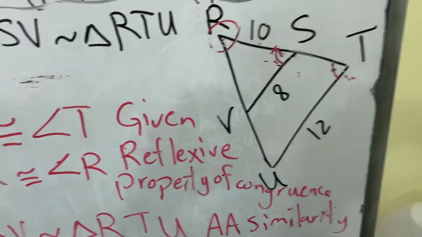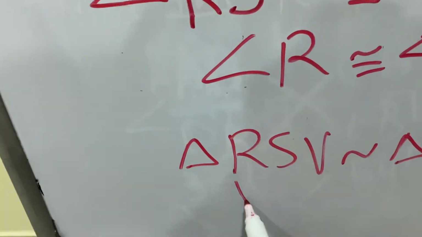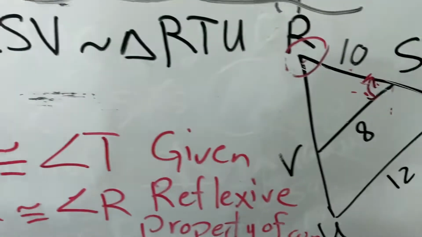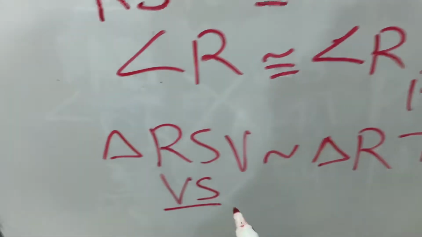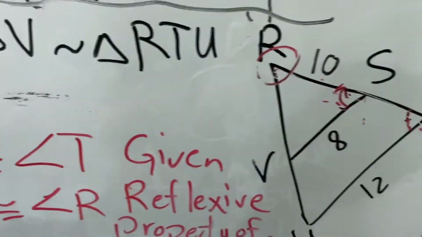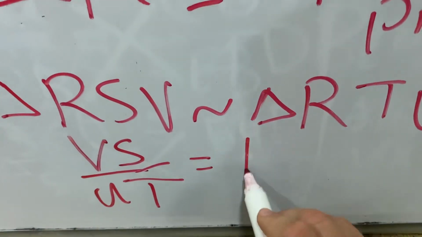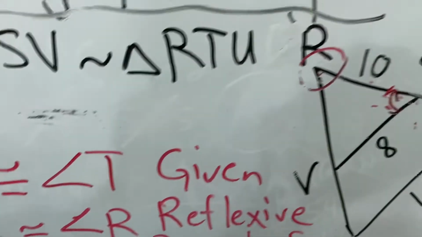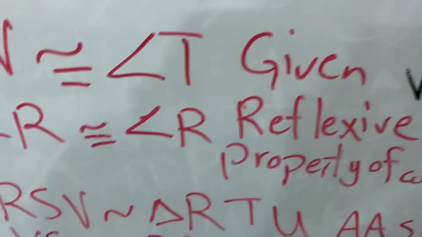If I write it in letters, I will say this 8, which is VS, over this one, which is the 12, which is UT, equal this side here, which is RS, over the corresponding from the big triangle, which is RT.